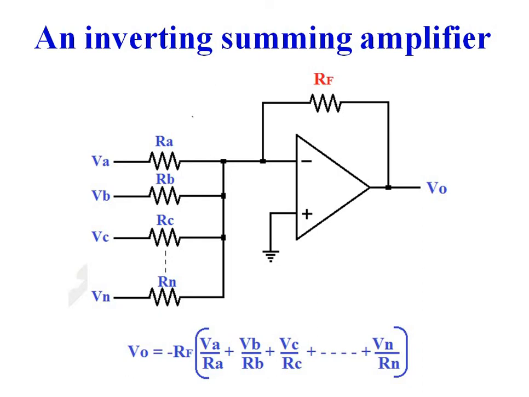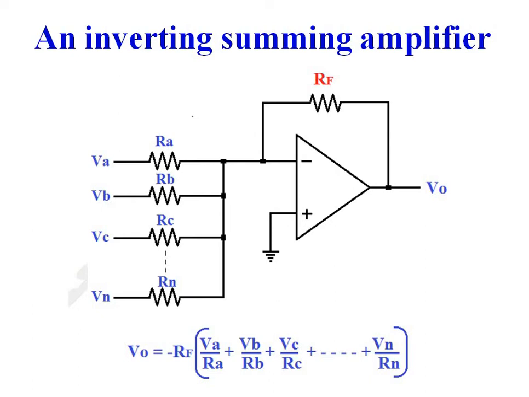So this is the diagram of an inverting summing amplifier. Resistance RF, the feedback resistance, is connected between output and inverting input. Resistors RA, RB, RC to RN are connected between inputs VA, VB, VC, VN respectively and the inverting input of the operational amplifier.